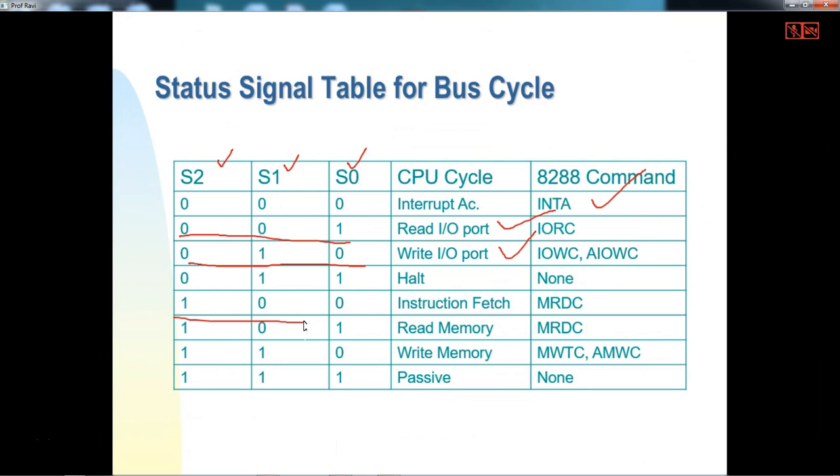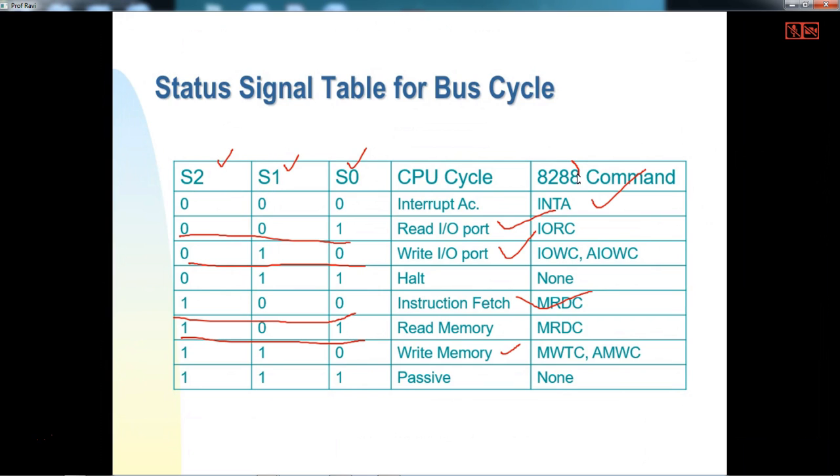And 100, memory read, that means it reads a byte from the memory. 101 is the memory write operation, writing into memory. So instruction fetching and all can be decided by using these status signals S0, S1 and S2.